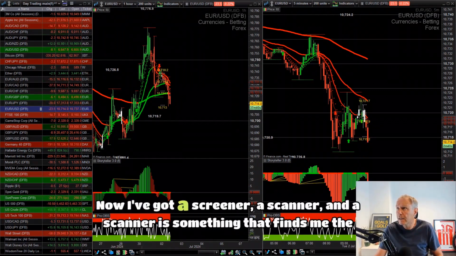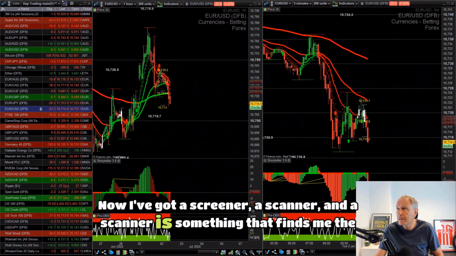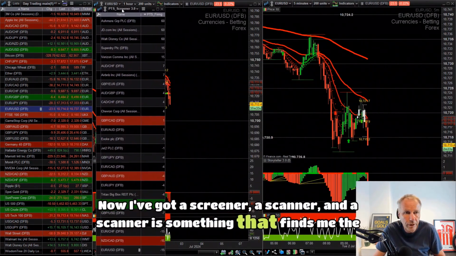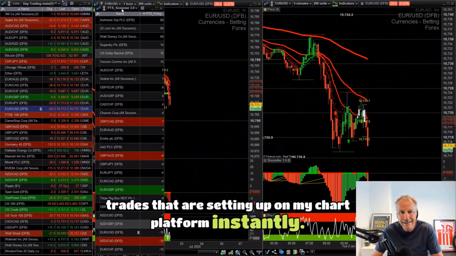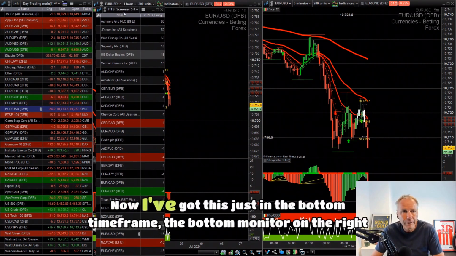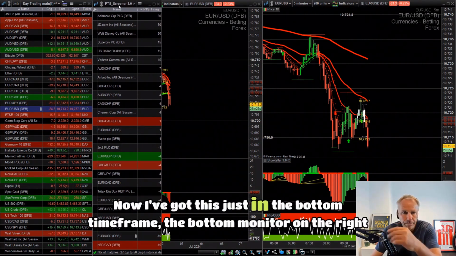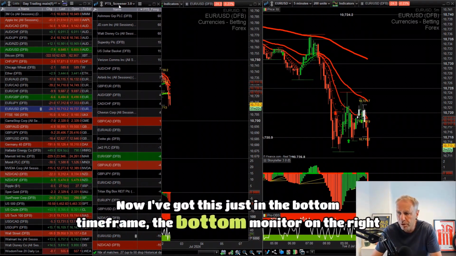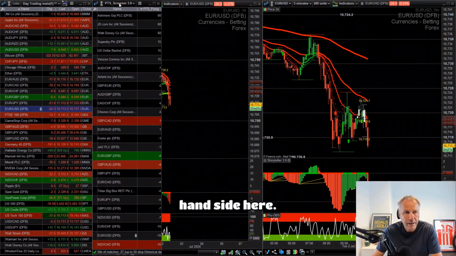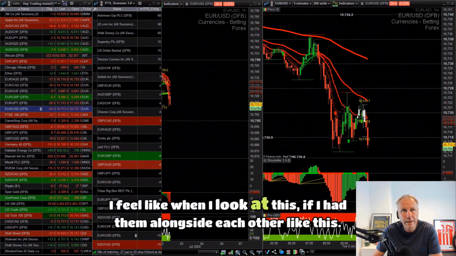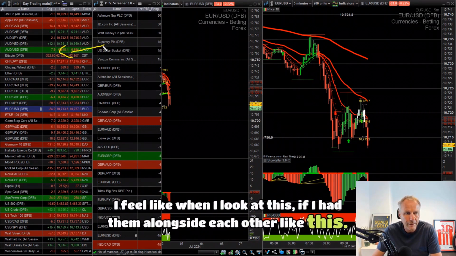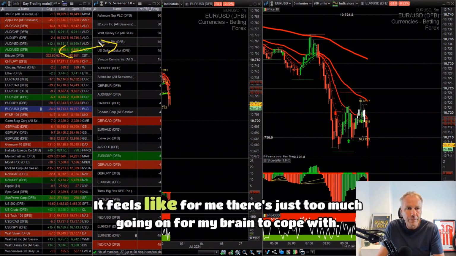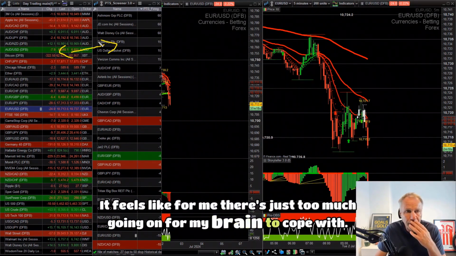All right, now that's the way I've got this right screen set up. Now I've got a screener, a scanner, and a scanner is something that finds me the trades that are setting up on my chart platform instantly. Now I've got this just in the bottom time frame, the bottom monitor on the right hand side here. I feel like when I look at this, if I had them alongside each other like this, for me there's just too much going on for my brain to cope with.